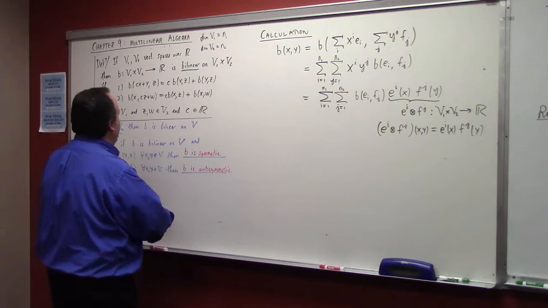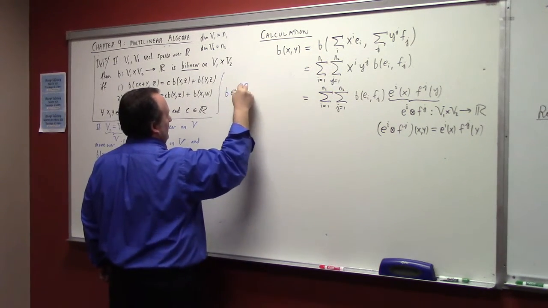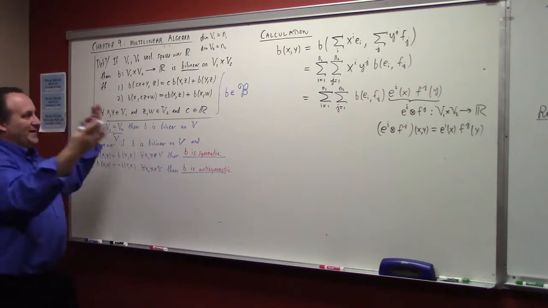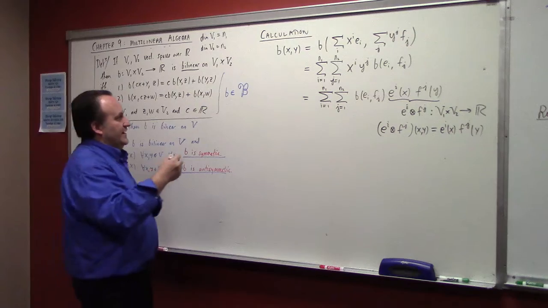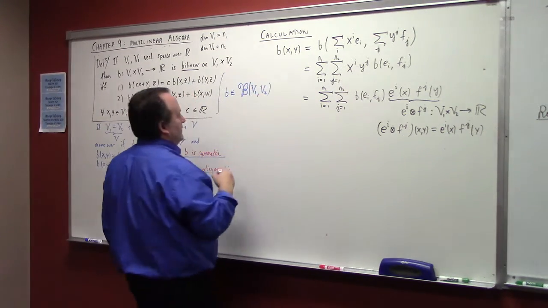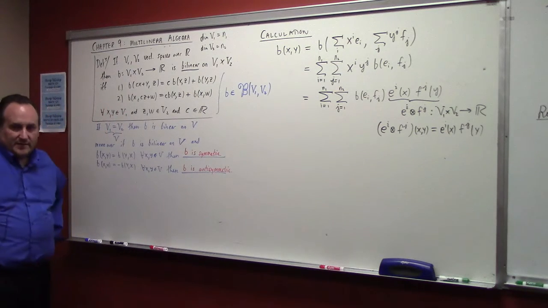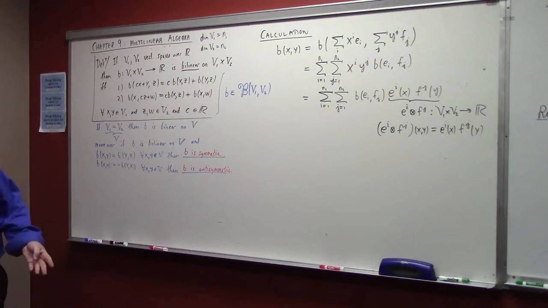For the purposes of this conversation, let us say that B is an element of this thing, okay? The set of all bilinear maps on V1 to V2. I guess I should adorn this with a V1, V2 to be more fancy. So suppose that's just for the current conversation's sake. The set of all bilinear maps on V1 to V2.